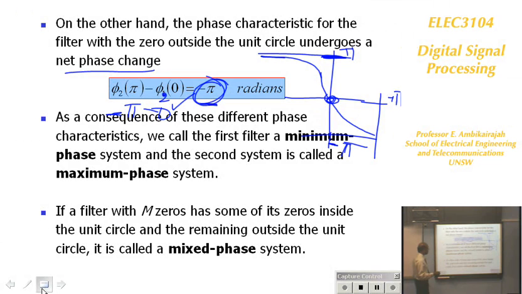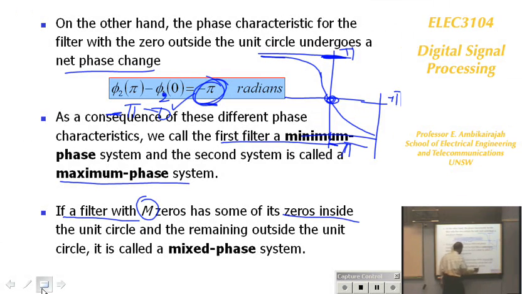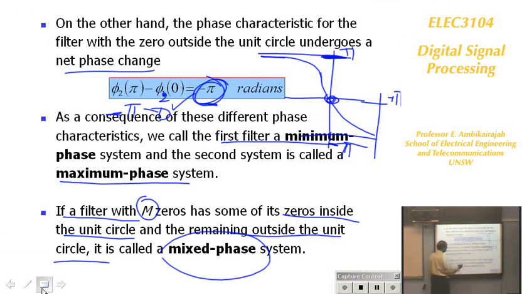As a consequence of these two different phase characteristics, we call the first filter the minimum phase, and the second one the maximum phase filter. So if a filter with m zeros, many zeros, has some of the zeros inside the unit circle and the remaining outside the unit circle, then we call it mixed phase. So now we come in and say, right, here are the two cases.